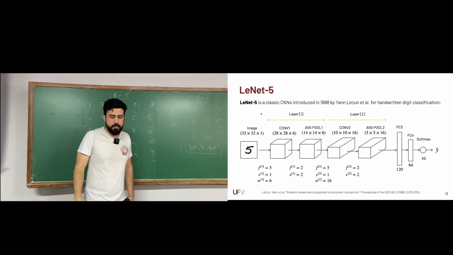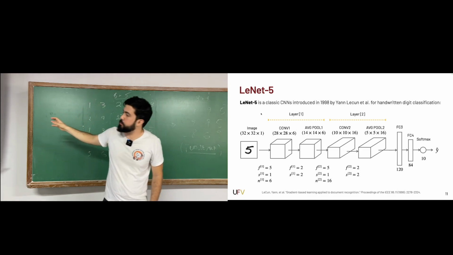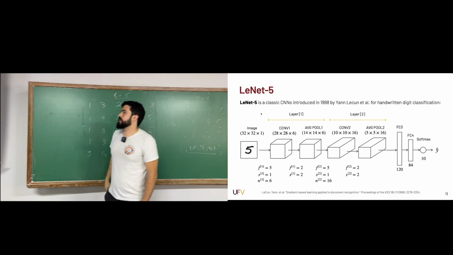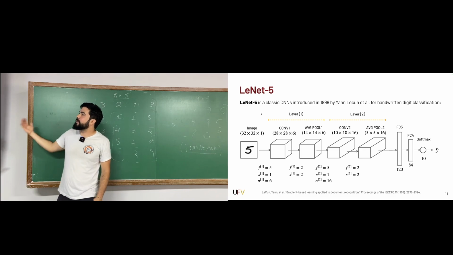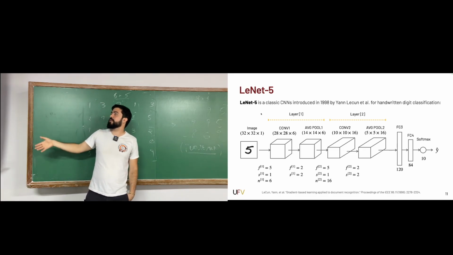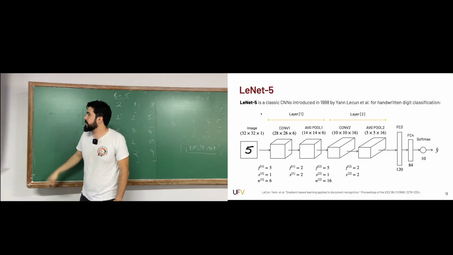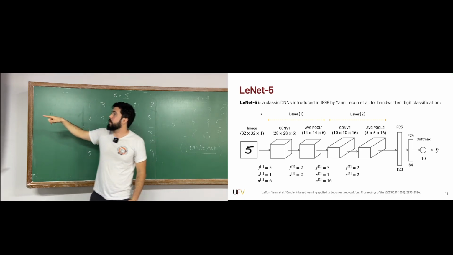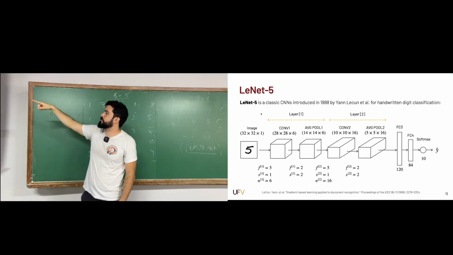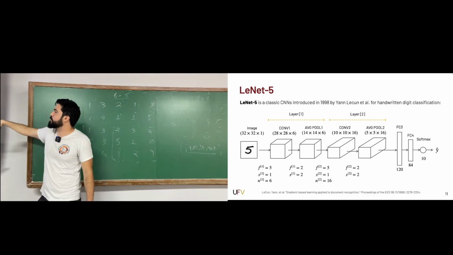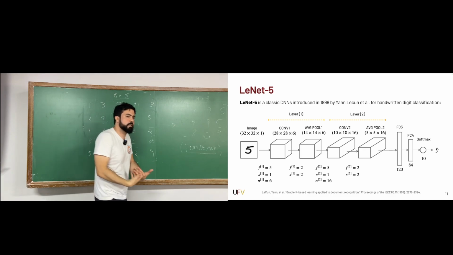But then the result of that second average pooling becomes a vector. If you multiply 5 by 5 by 16, that should give you 120. Oh, that's 25 times 16. Hopefully that's right. No, that's 400, right? It's 400 inputs going to a 120 hidden layer, okay?